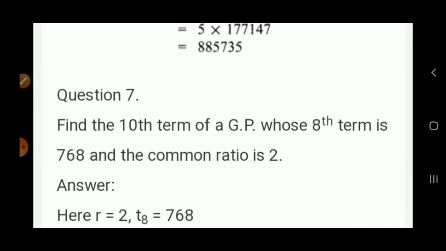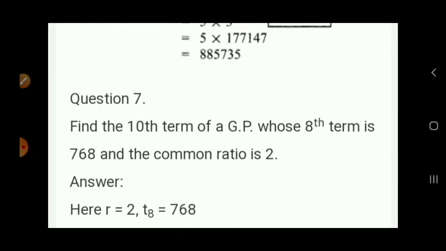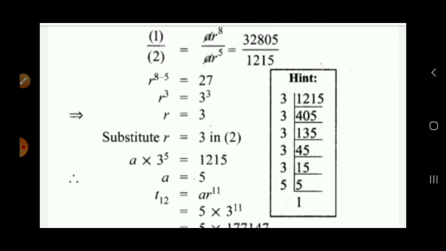So now first equation divided by second equation. A R power 8 equals 32,805, and the second equation A R power 5 is equal to 1,215.